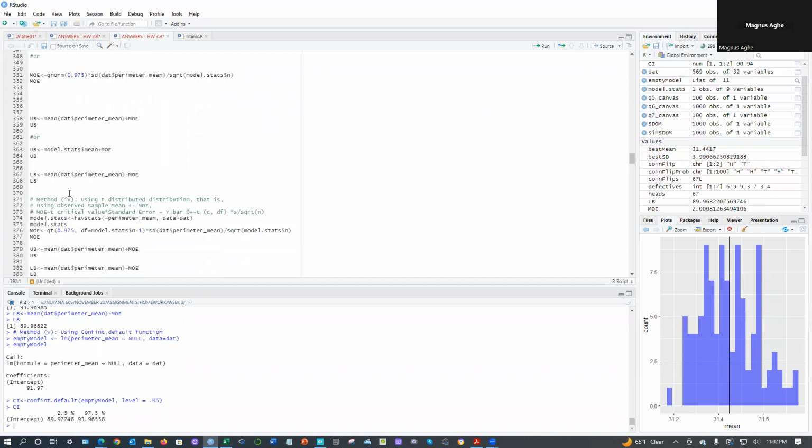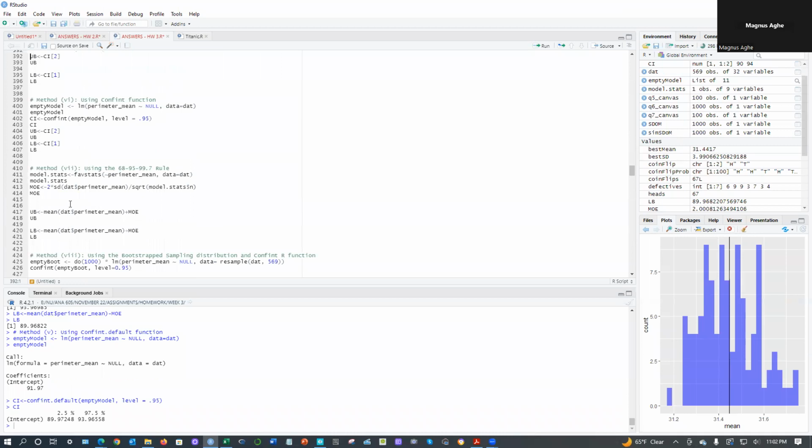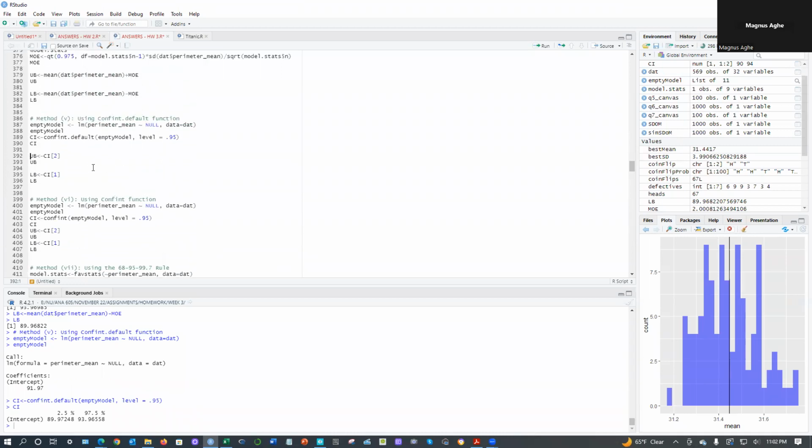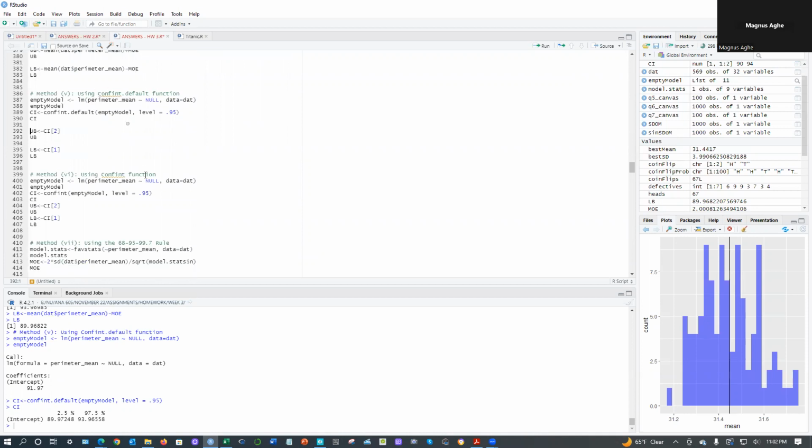The other one is the sixth method for the fourth method, t-distribution. Sorry. Then using the confint dot default function. Then next one, confint only.